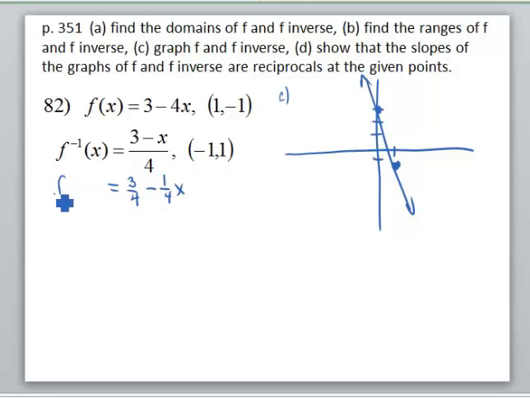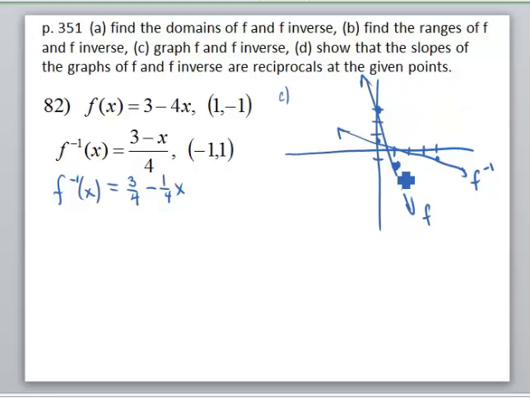So f inverse of x is equal to this. Passing through 3/4, which is about right here, we'll say down 1 over 4. 1, 2, 3, 4. That puts me over here. So I'll mark this as f inverse, and this is f.